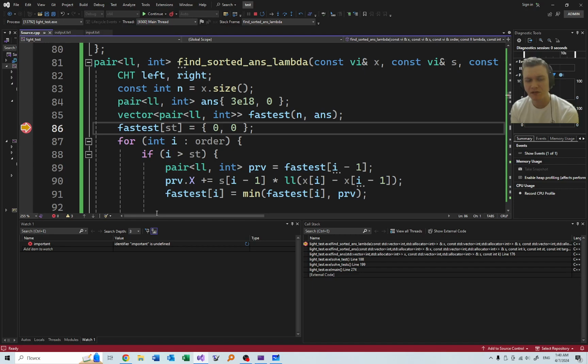Well, maybe this is not solved with lambda optimization. I'm not sure if this can be solved with lambda optimization.